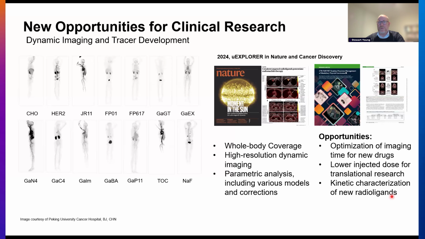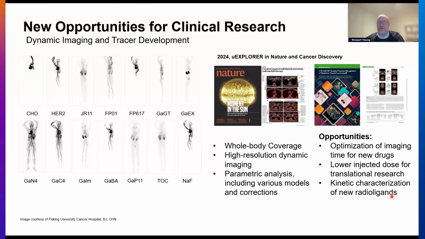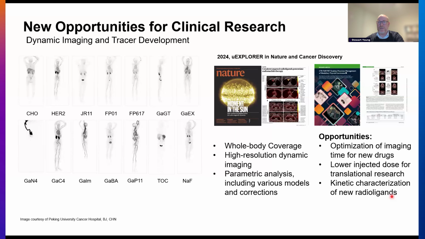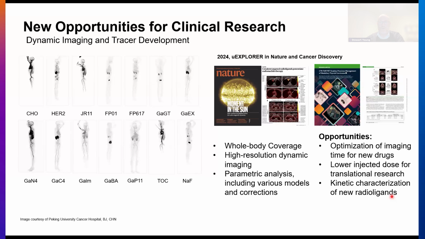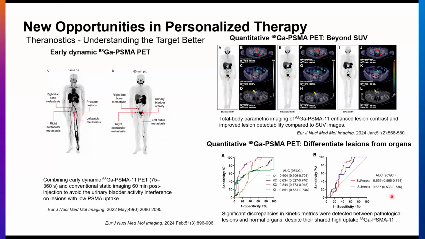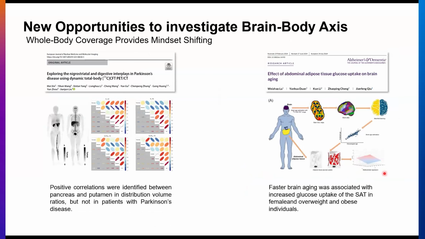So optimization of imaging times for new drugs, we saw already an example of that. Low injected dose for translational research and kinetic characterization of all different kinds of radioligands. Here's an example of that in the theranostic space, how the gallium PSMA PET dynamics are able to be explored very beautifully with this system. Total body parametric imaging.